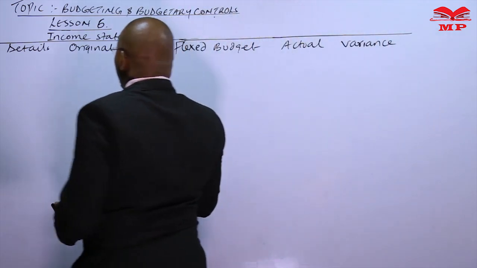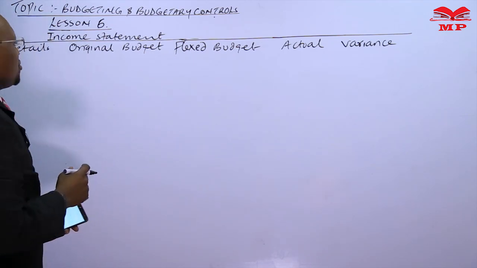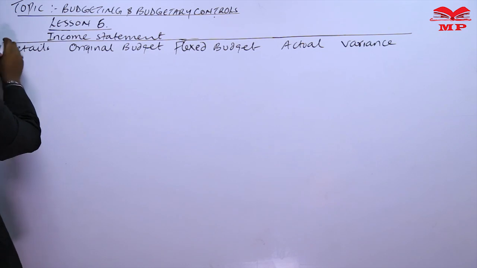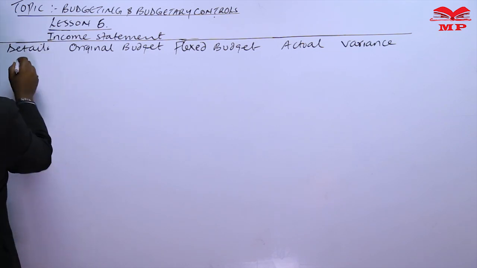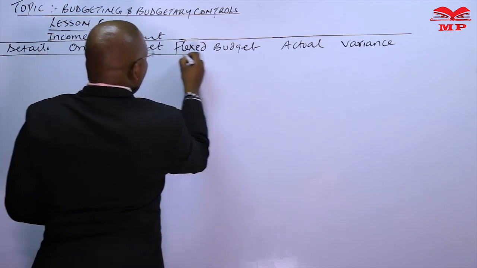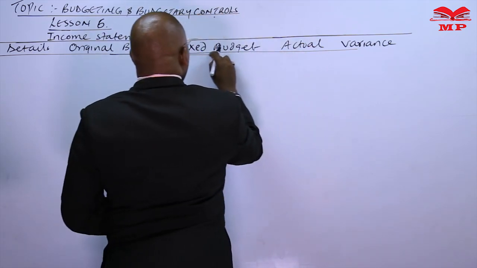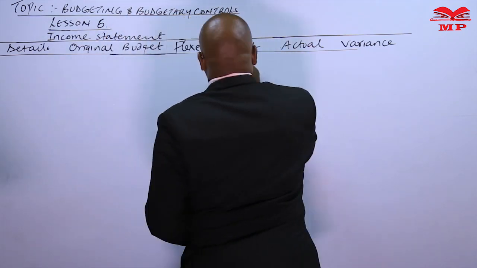Otherwise, variance analysis we shall do in the next topic, which is standard costing. But for now, I just want to have a comparison, and anytime you're comparing the original budget or the flexed budget and the actual, the difference you get is what we refer to as variance.